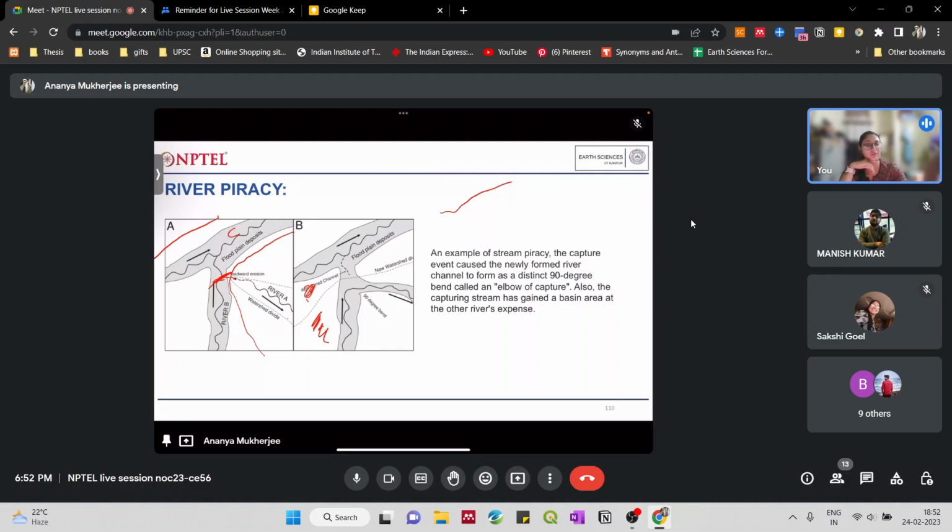Then it will take up some part of the drainage basin of the previous one, which has reached its maximum extension. So river piracy is one of the additional processes that happen during the drainage basin evolution.